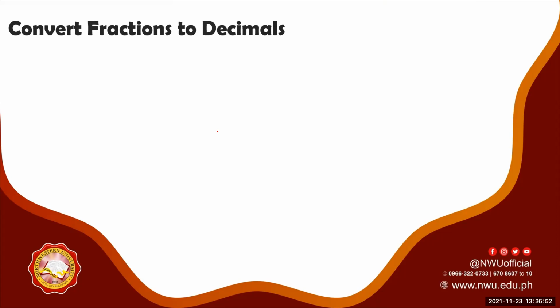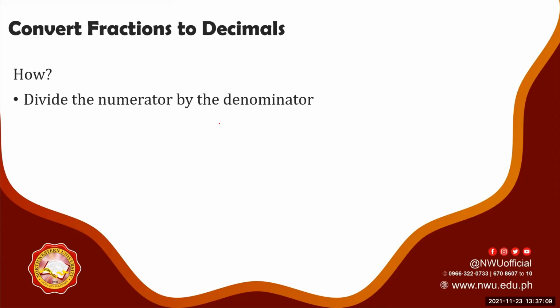What if you are given a fraction and you are required to change it to a decimal number? These are the steps that we are going to do. First, we simply divide the numerator by its denominator.